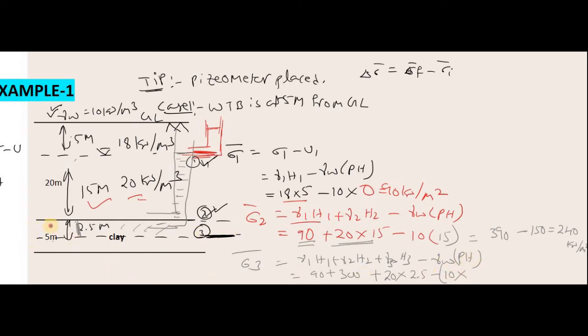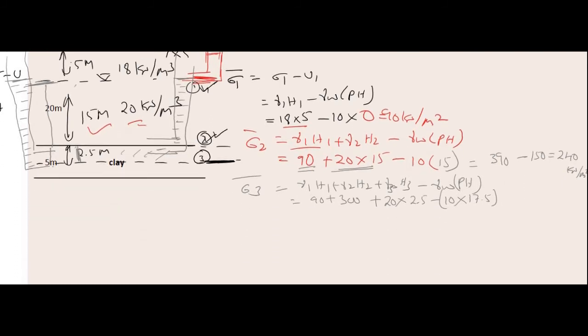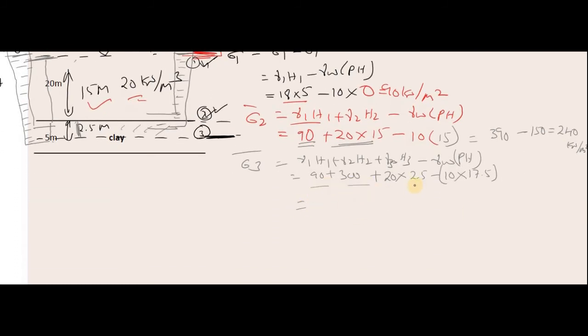For the pressure head, place a piezometer here. The water level will rise till the water table, so the height is 2.5 plus 15, which is 17.5. So 20 into 2.5 gives 440 in total, minus 175, which is 265 kilonewton per meter square.